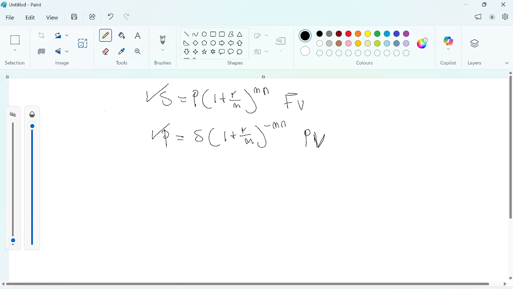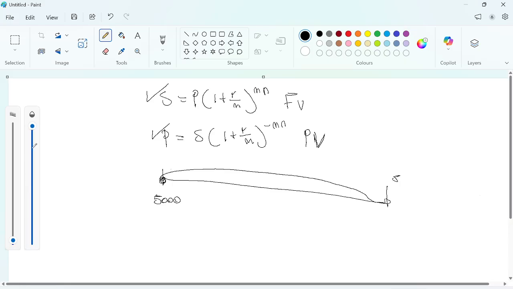Right. Now in this case, guys, let's say I draw a timeline. This timeline is like a series of months or years or whatsoever, right? Now here I invest 5k. This 5k will accumulate from here to here, maybe let's say for 5 years. So this amount is 6k now.